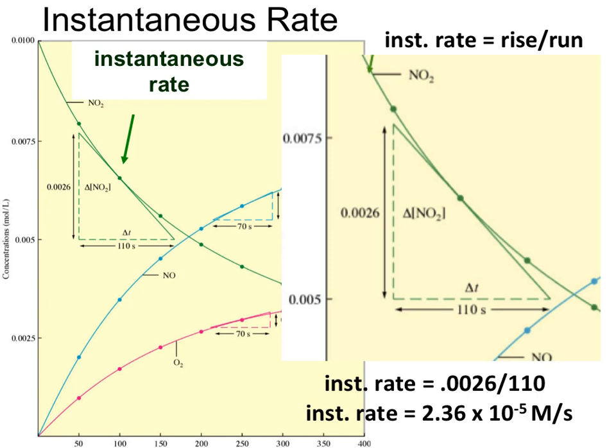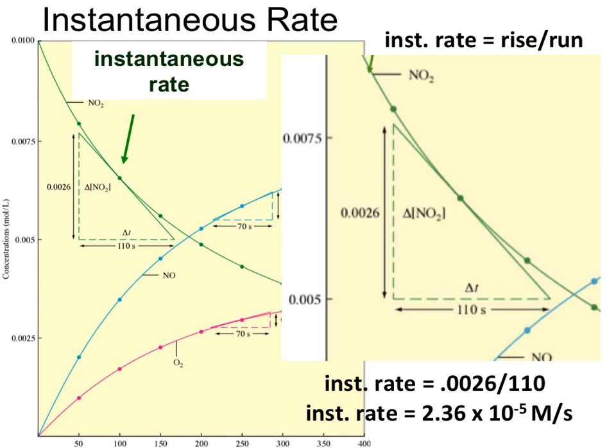So instantaneous rate is going to be calculated from the graphical analysis of specific points on our curve. Okay, so we have this curved line here that's representing the decrease in the concentration of our NO2 reactant over time.